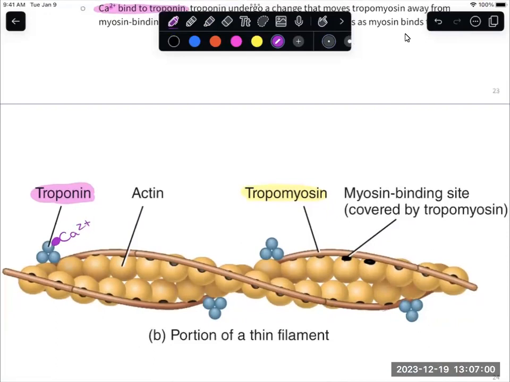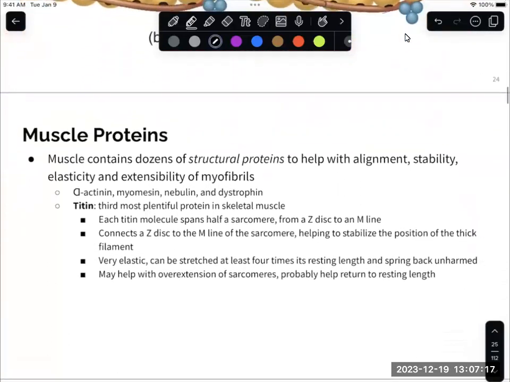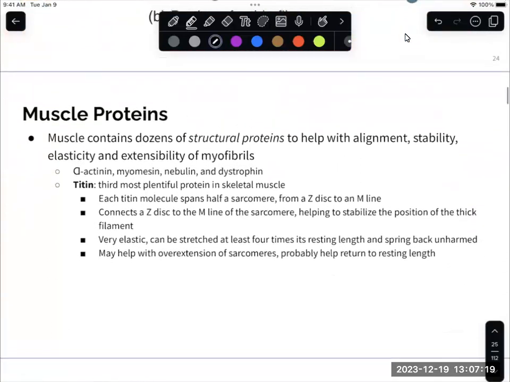As soon as calcium goes away, troponin is going to move that tropomyosin back over that binding site so myosin can no longer attach. I've got some videos that I'm going to show you, or I will attach them, we'll see, to help to show this whole process.